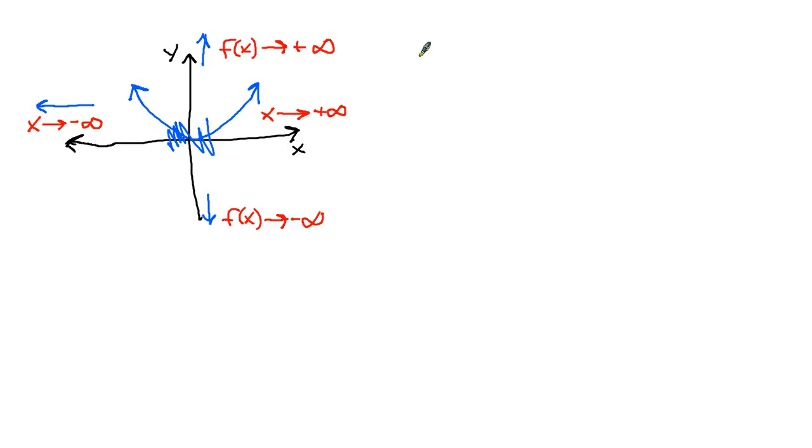So we'll need two things to say about this. The one thing that we'll say is that f of x goes to positive infinity as x goes to something. In other words, as x goes to the right, f of x goes to positive infinity.